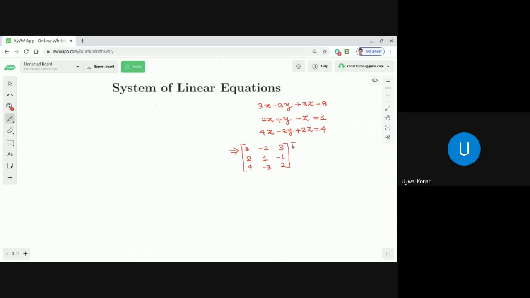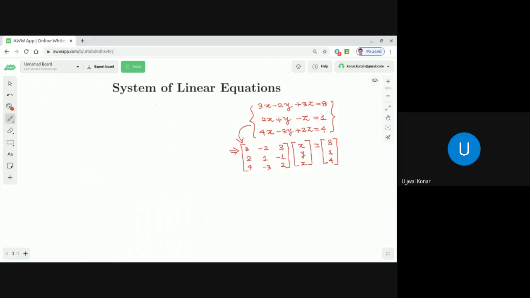Then we write x, y, z, and then 8, 1, 4. Now, if we apply the concept of matrix multiplication, you will see that the system of linear equations you are seeing here is actually represented by this matrix format. Isn't it, dear students?